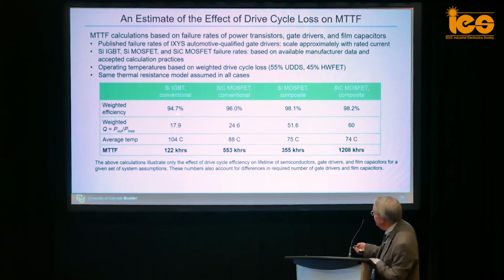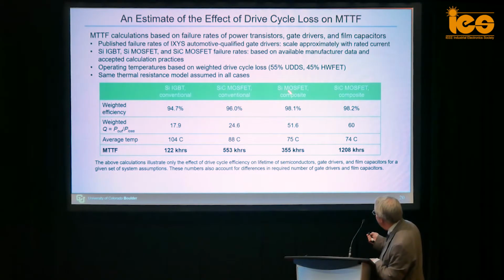And then if you calculate the mean time to failure, these calculated formulas are well known to have a lot of assumptions and not be very accurate. But to be accurate, we take the same formula and apply them in all cases. So we're at least trying to compare on the same basis.